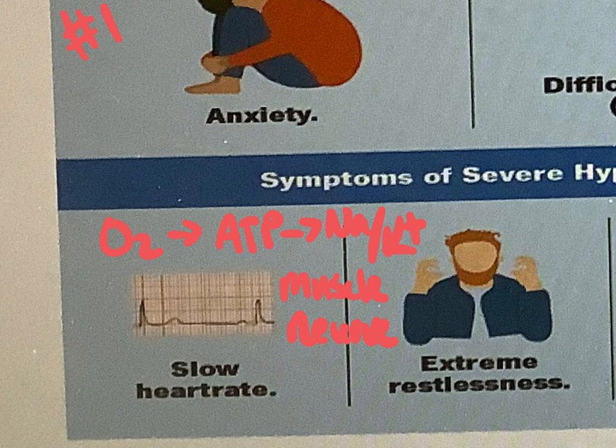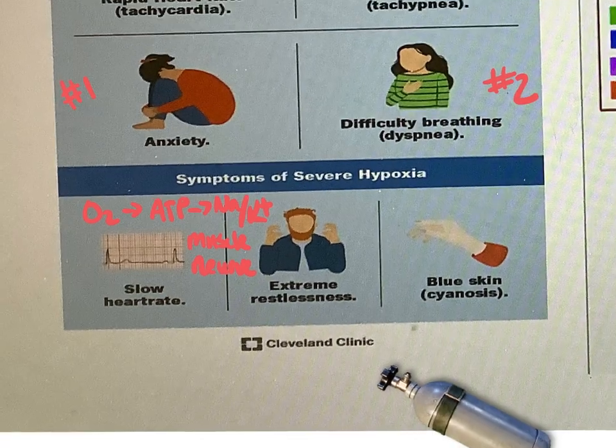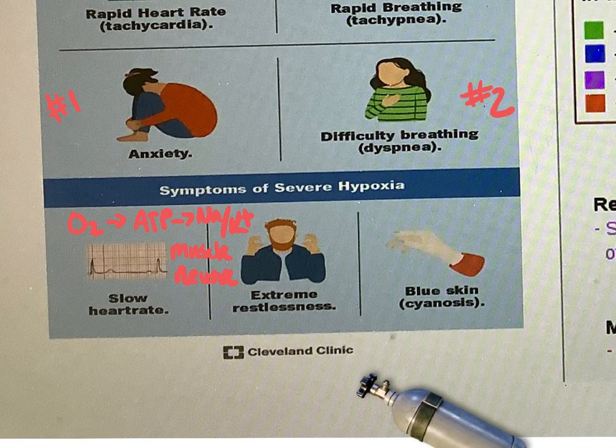And that's all needed for my heart to beat, right? So that's a sign of that switching anaerobic metabolism, okay? So extreme restlessness, and then you might start seeing some blue skin or cyanosis.